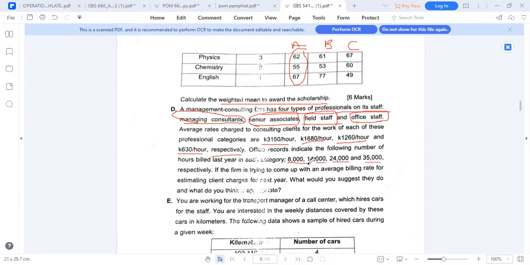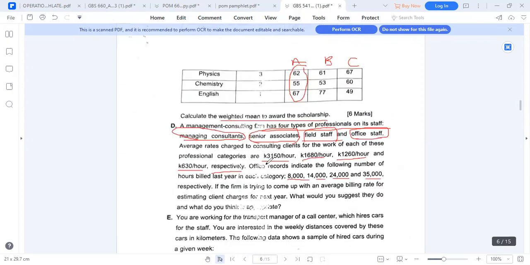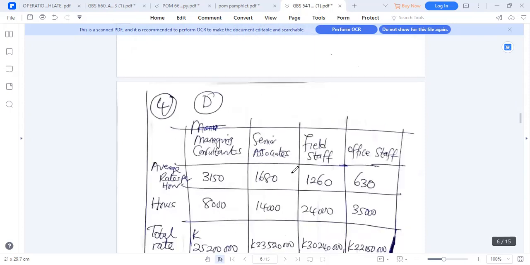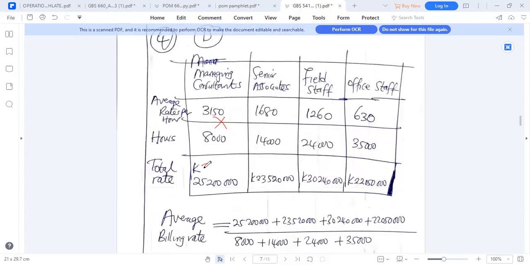So we have to find the total. This was the cost per hour, 3,150, so we multiply these two to get the total, and do the same for the others.